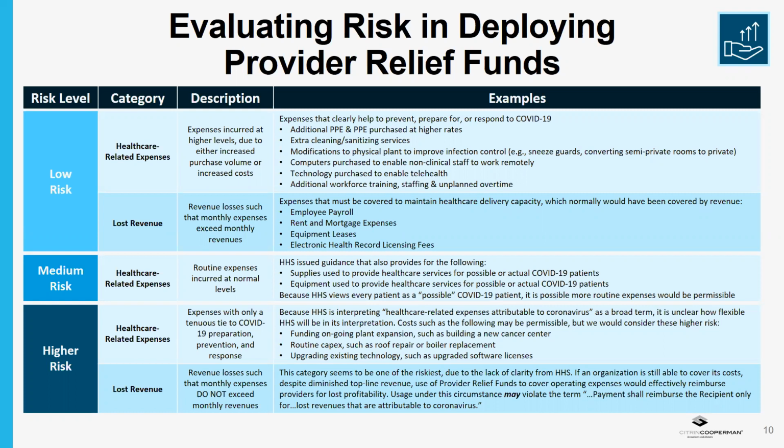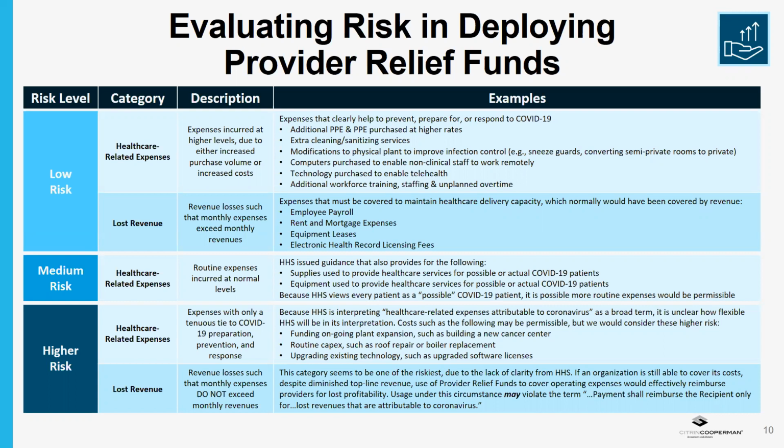Whereas for some of the low risk items, it may also be the case that it's not 100% clear under the guidance that they're going to be acceptable uses. But we think there's a very strong argument, and it would be surprising to us if they were not acceptable. So if you look at the low risk area, we speak to two different items.